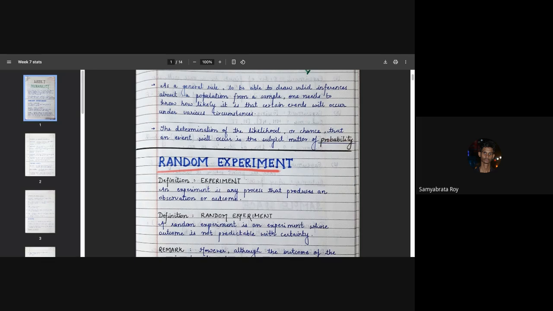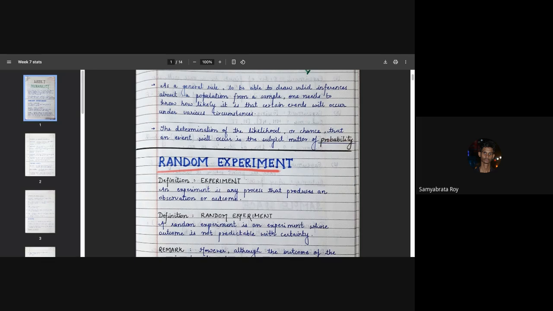It is known, but you cannot predict with certainty that head will appear for sure. This is why these kinds of experiments are called random experiments.